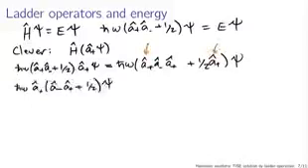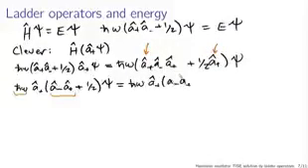What's nice about this is if you look, we have here now an h bar omega and an a minus a plus. If I had the appropriate constant here, which would turn out to be minus a half, I would have the Hamiltonian back. And getting the Hamiltonian back means we might be able to apply our Schrodinger equation. So let's rewrite this as h bar omega a plus half times a minus a plus minus a half plus 1.